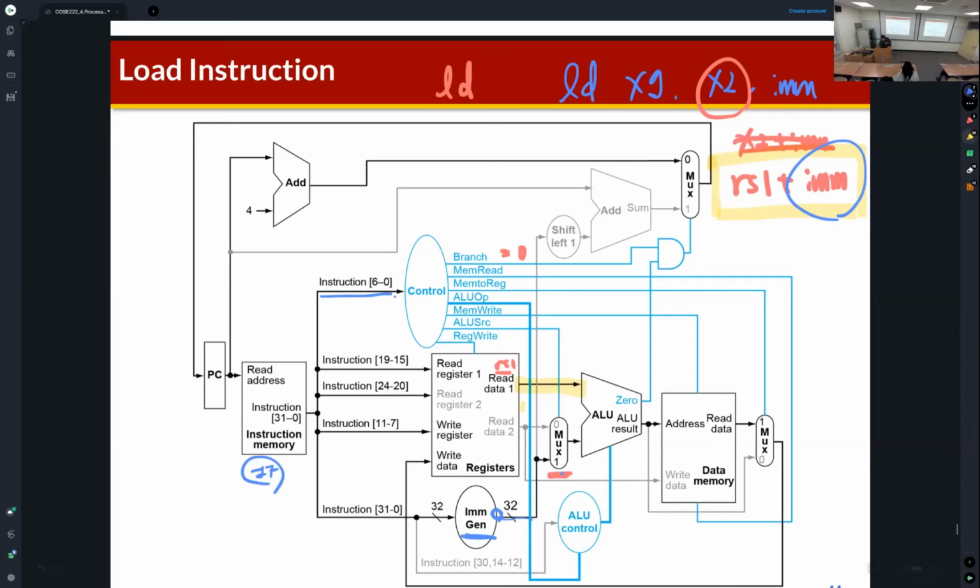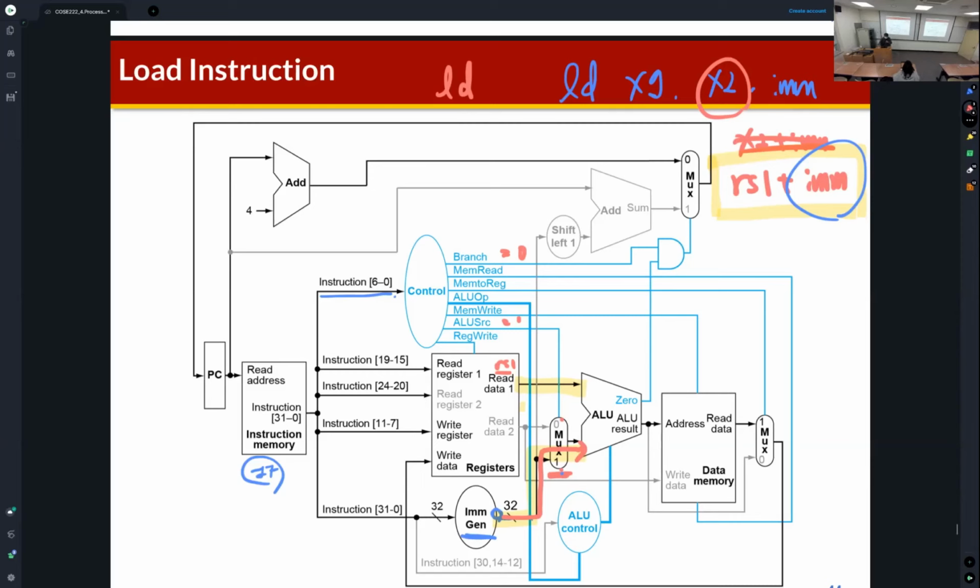So if the current instruction is the load instruction, then we need to activate this path. So this is the 0 and this is 1. So the ALU source control signal becomes 1, right? So this path is activated to the ALU.